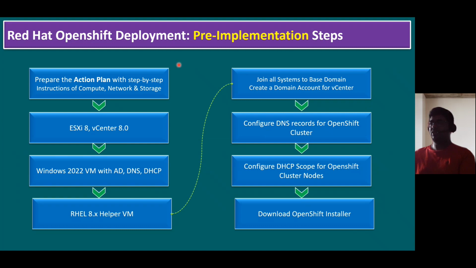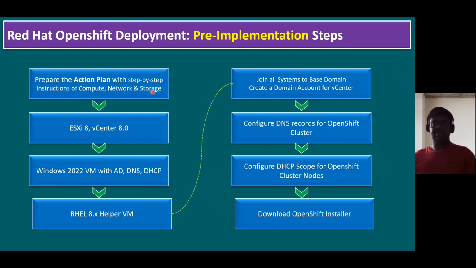As part of the pre-implementation steps, we have to prepare the action plan with step-by-step instructions for compute, network, and storage. Normally, this action plan might vary from one organization to another. Normally, we can prepare action plans in an Excel sheet, or we can use a Microsoft Project plan tool.